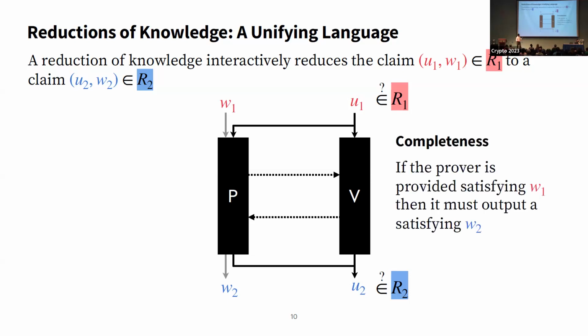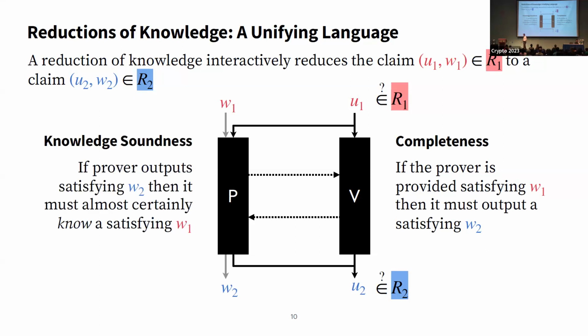Now, completeness holds if the prover has provided a satisfying witness, W1, then it must be the case that it outputs a satisfying witness, W2. And conversely, knowledge soundness holds if for any prover, even an adversarial prover, we have that if somehow it's able to output a satisfying witness W2, then it almost certainly must be the case that it knows a satisfying witness W1 for the initial statement.